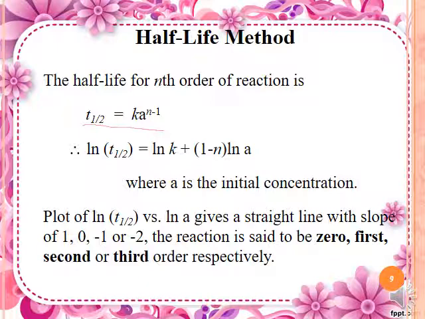So we get ln half-life equals ln k plus (1 minus n) ln a. So here A is referring to the initial concentration.